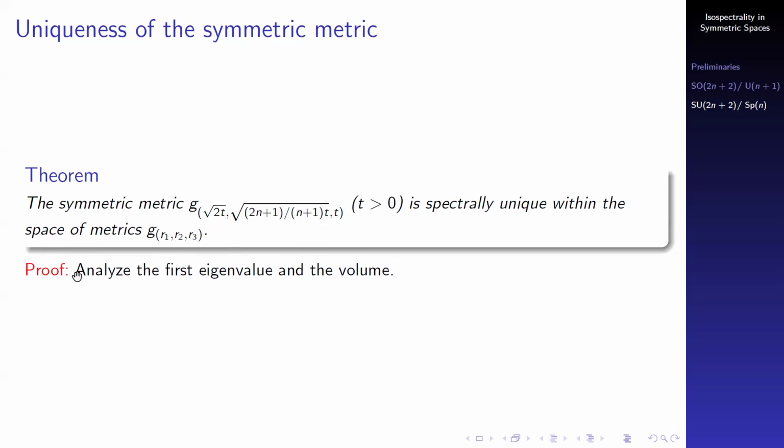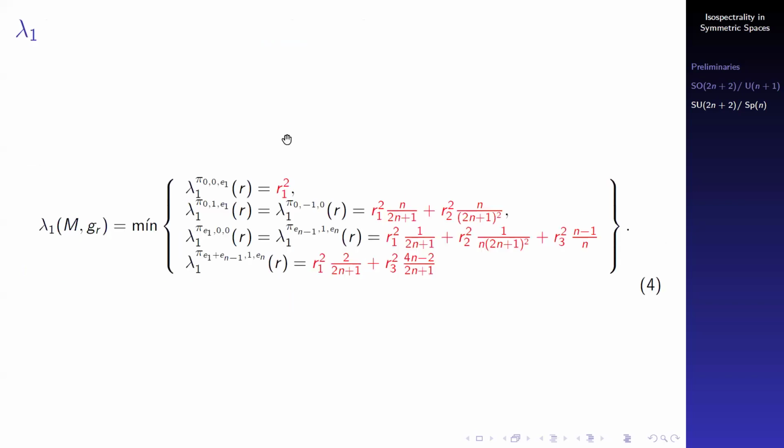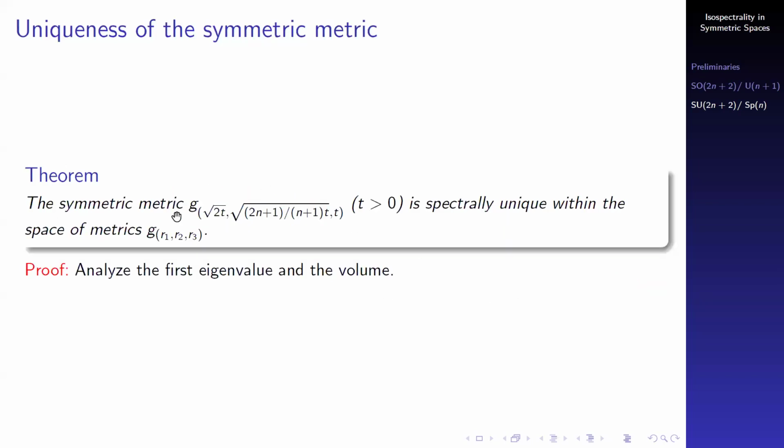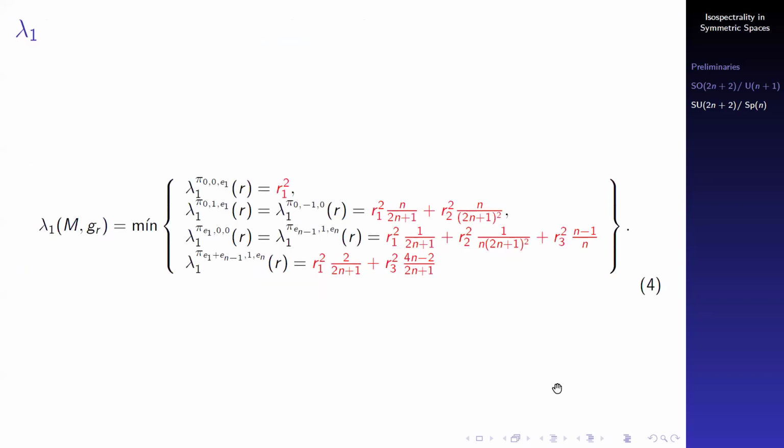And this is not the proof, this is the idea of the proof, a very vague idea. What we need to do is to analyze the first eigenvalue and the volume. So the idea was, we have these expressions. This metric attains lambda 1 in two of these expressions. So we analyzed the multiplicities, and we proved that if we have another metric, GR, with the same spectrum, because of the multiplicity, it has to be attained also in the same two expressions.